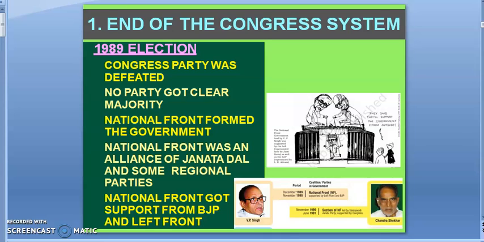Janata Dal and many regional parties were the members of this National Front. And Vishwanath Pratap Singh, you can see in the picture, became the Prime Minister in 1989. From December 1989 to November 1990, he was the Prime Minister.